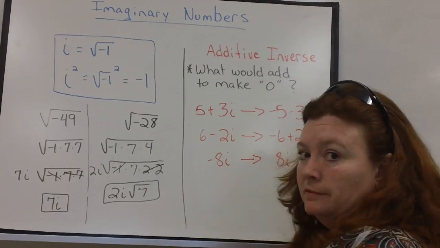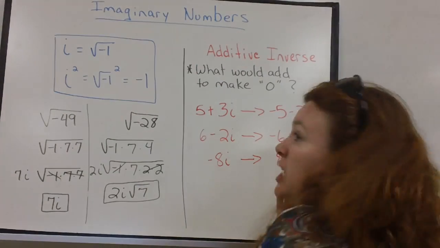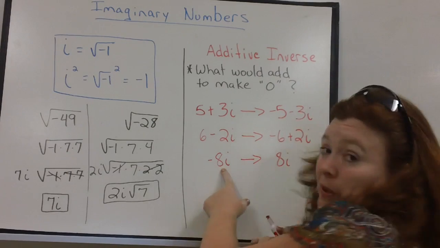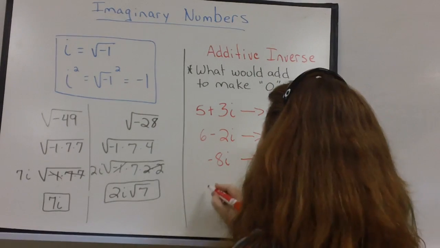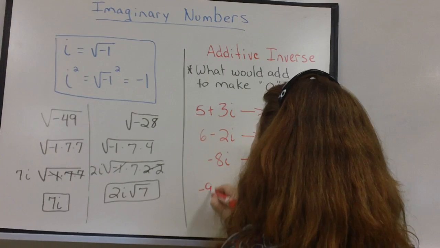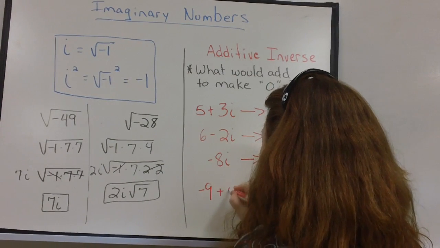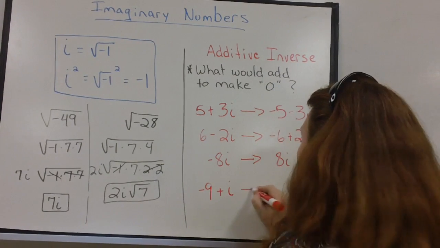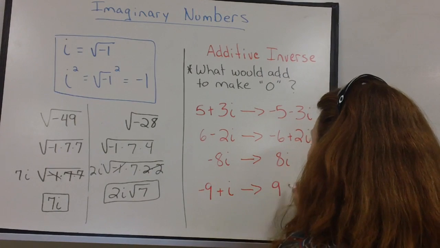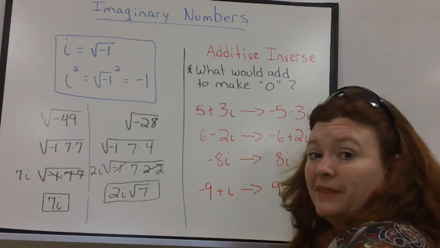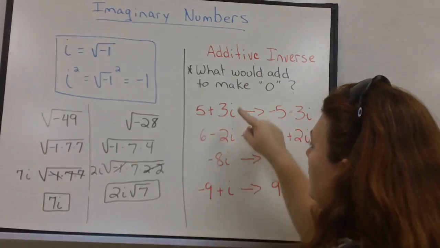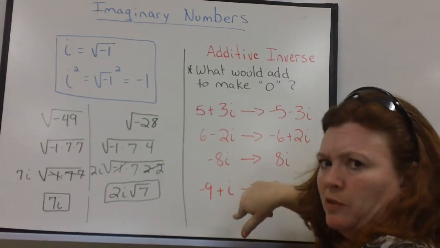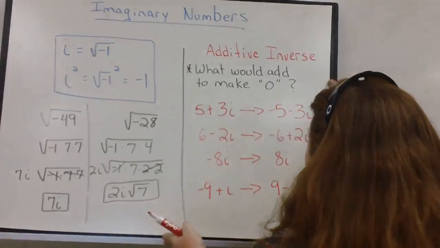Pretty simple. Don't make it too complicated. Just change both signs. Unless there's only one term, then you just change that one sign. -9 plus i. Well, the additive inverse would be positive 9 minus i. That's simple. All right, now these are kind of weird looking. We haven't really talked about that, so I want to bring that up next.